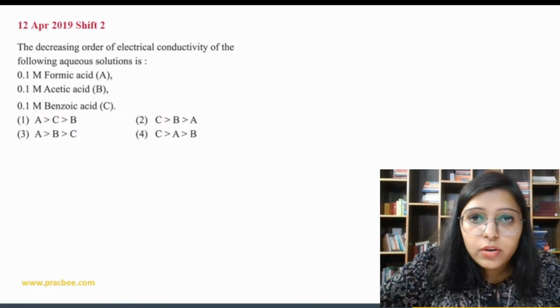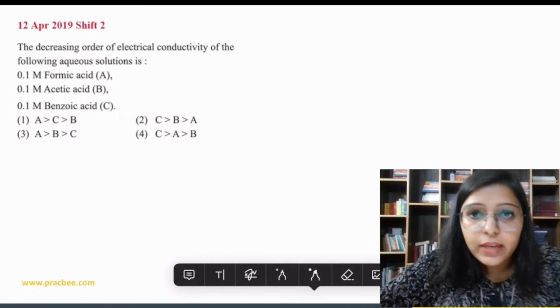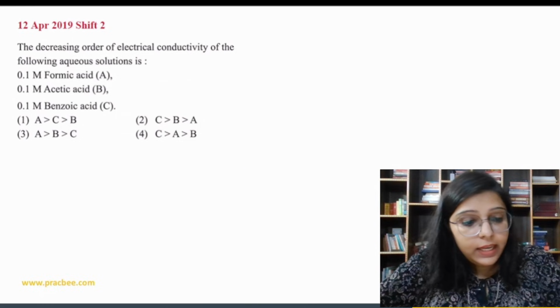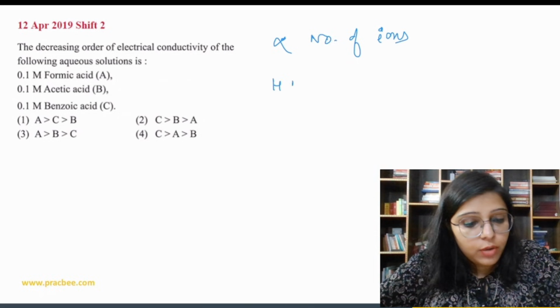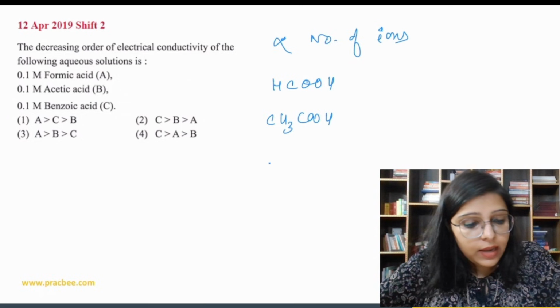The decreasing order of electrical conductivity of the following aqueous solutions. See, electrical conductivity is directly proportional to number of ions. So we have formic acid HCOOH, acetic acid CH3COOH, and benzoic acid C6H5COOH.